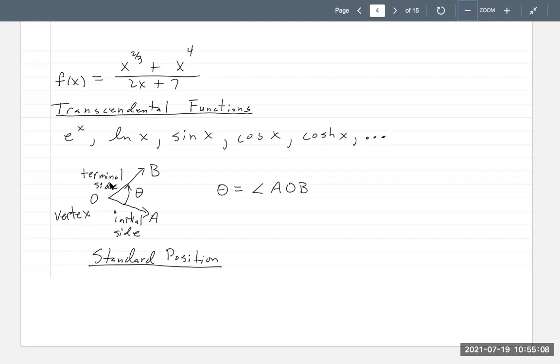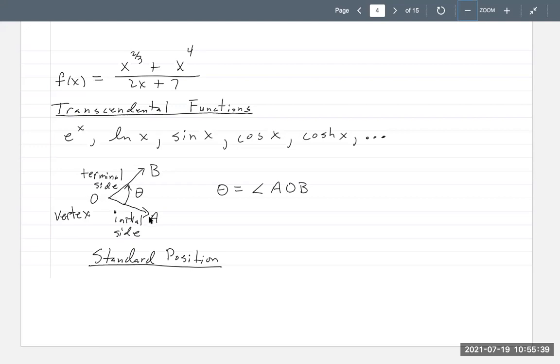Okay, let's recall some things involving trigonometry. Suppose I have a ray. It starts at some point and goes in some direction. Let's call this ray A. And suppose I have another ray B that starts at the same point. We'll call this common point the vertex.